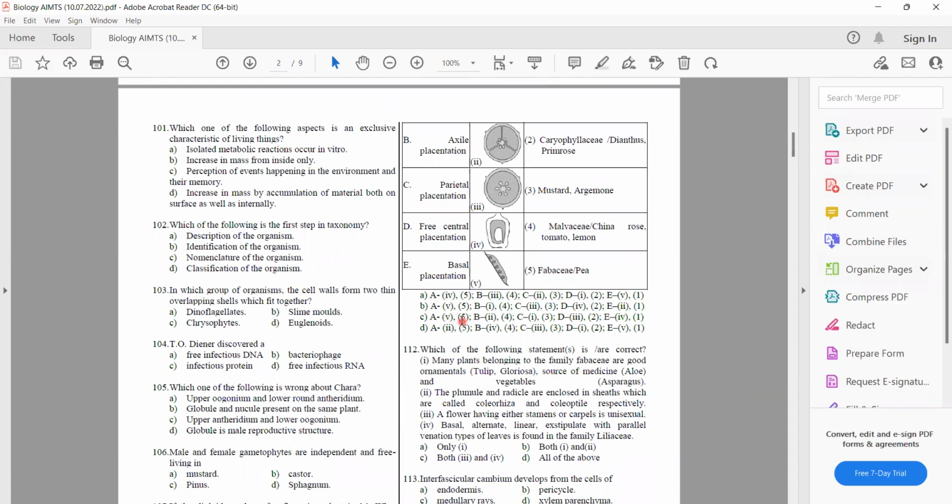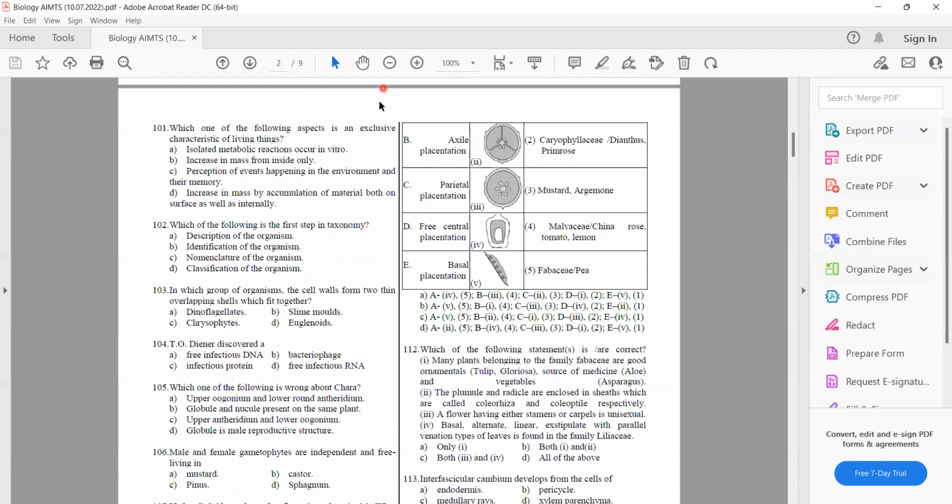Then when we talk about axile placentation, it is observed especially in tomato and lemon, right?